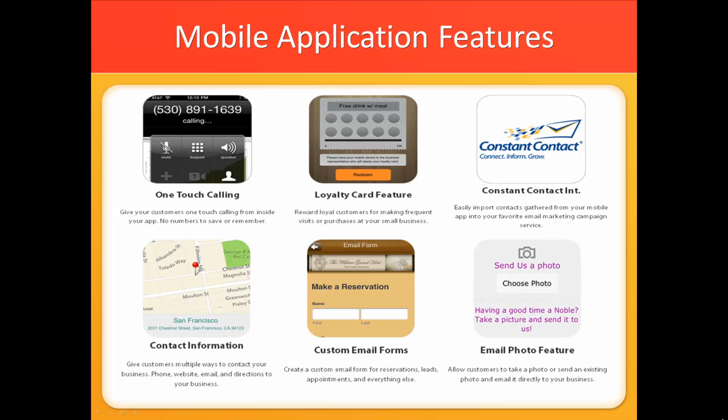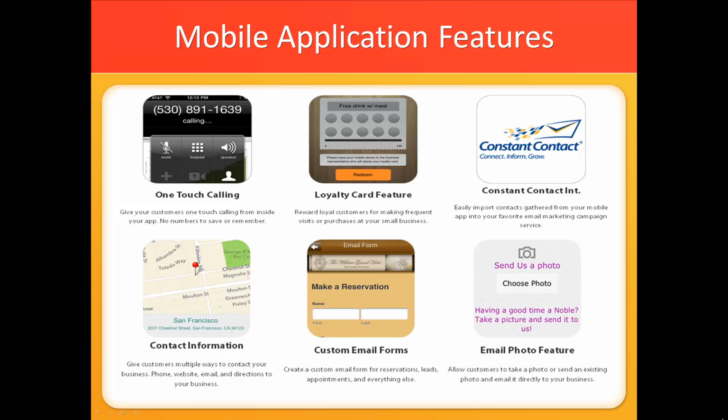Contact information. We give customers multiple ways to contact your business: phone, website, email, and directions. So really cool feature. Our GPS mapping function or contact function will allow for step-by-step directions from where you are to where the business is that you're going.